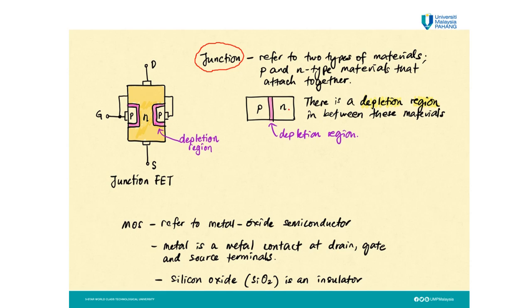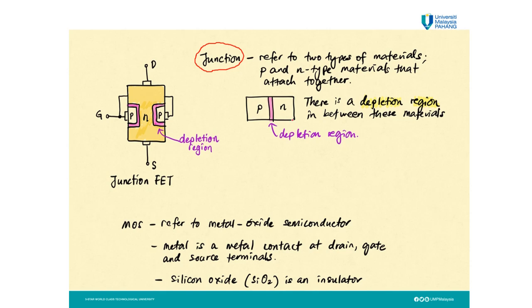Refer to your Analog 1 knowledge, where you learned about this in semiconductors and also in diodes. The mechanism is similar, and you apply that knowledge to this junction FET.